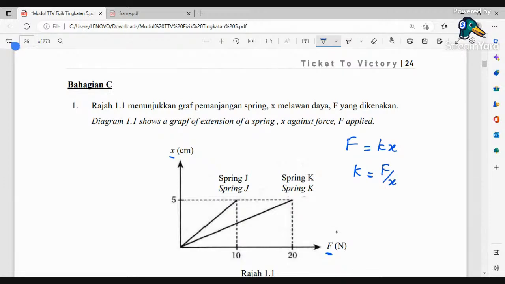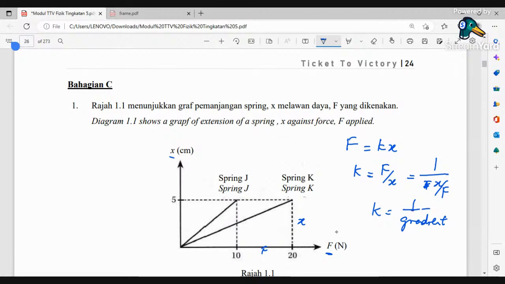But if you calculate the gradient here, you get x over F. So means this one equals to 1 over k. Okay, so means k equals to 1 over gradient.